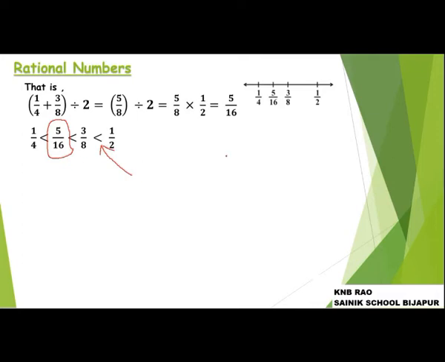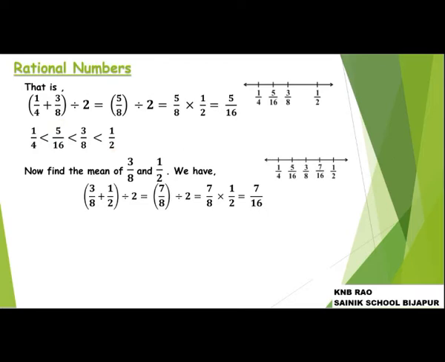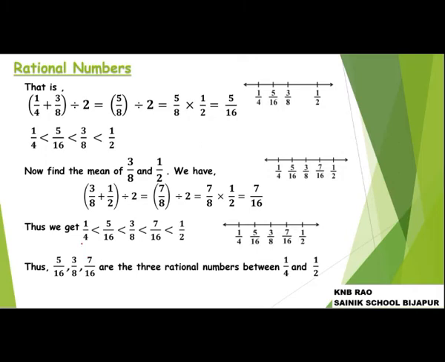Now we will introduce a number by finding the mean of 3 by 8 and 1 by 2. The mean of 3 by 8 and 1 by 2 is 7 by 16. I got that, now lying between 3 by 8 and 1 by 2. Now, totally, I have 1 by 4 less than 5 by 16, less than 3 by 8, less than 7 by 16, less than 1 by 2, which we could write.